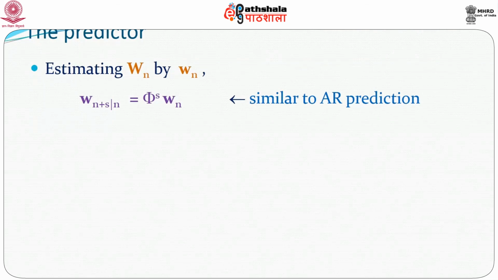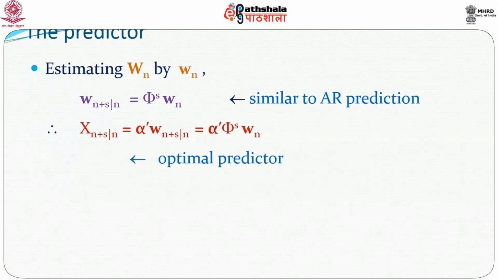We get a similar result for the prediction of w in this case, because w, if you look at the state space model, is a one step AR(1) model. And hence for any general x_{n+s}, we can predict that given x_n as alpha prime phi to the power of s w_n. This is referred to as the optimal predictor for x_{n+s}.